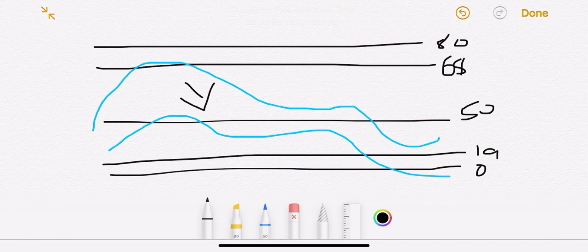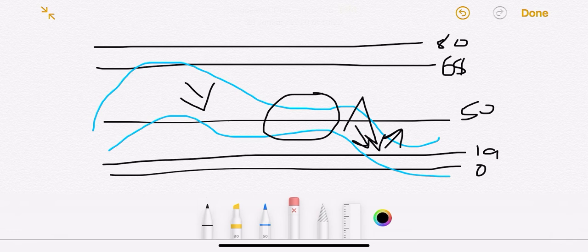If you see them on this side, we're expecting an upward movement. But if you see them squeezed and on the 50 level, that's when we say we have a consolidation. So the dealer can even decide to break up, then go down, or can decide to go down straight away. You get the point now.